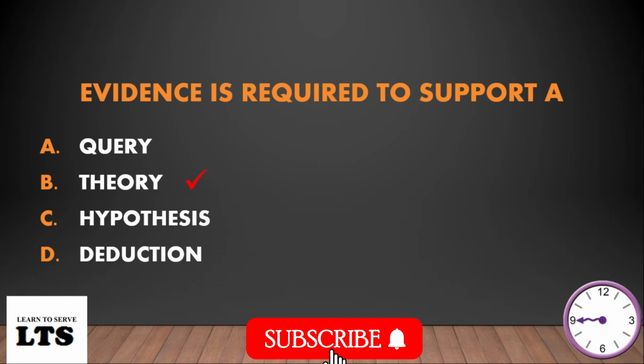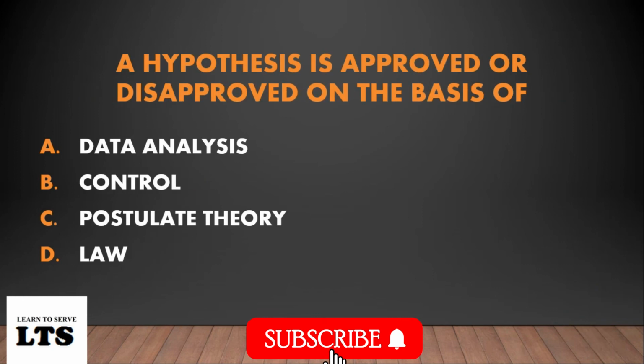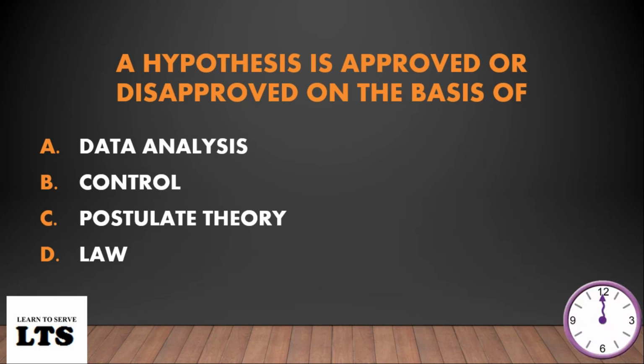Option B, theory. Next one, a hypothesis is approved or disapproved on the basis of option A data analysis, option B control, option C postulate theory, option D law. The answer is option A, data analysis.